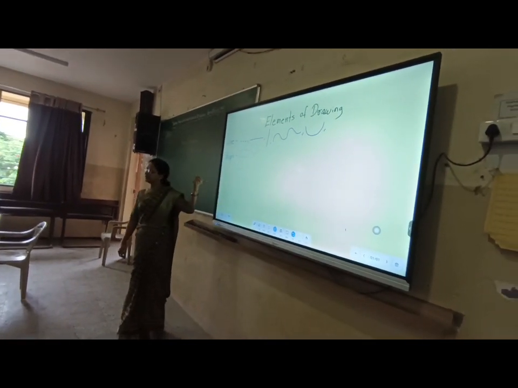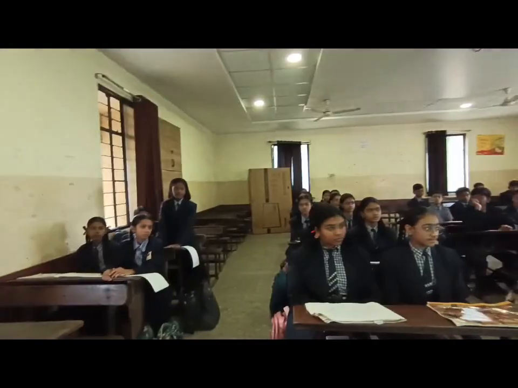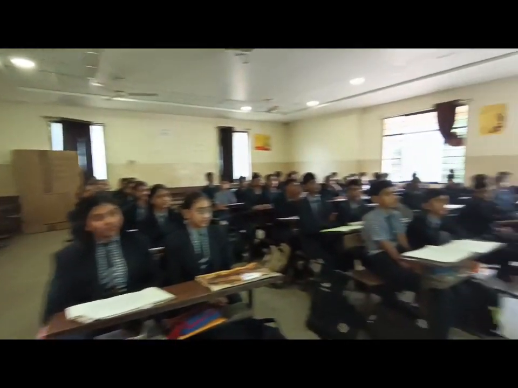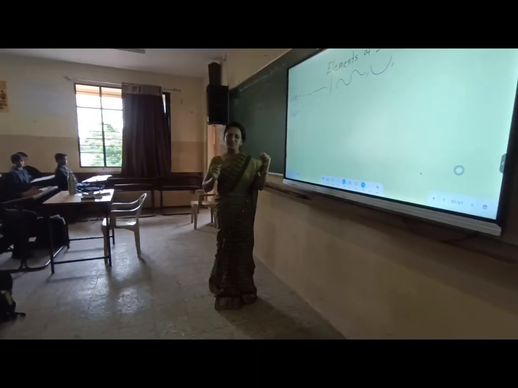What do we call these shapes? Do you remember? Geometry. Yes? 2D shapes. Very good. Last time we learned the different shapes. She is very correct. These are 2D shapes.